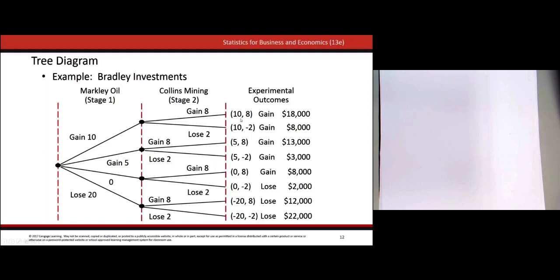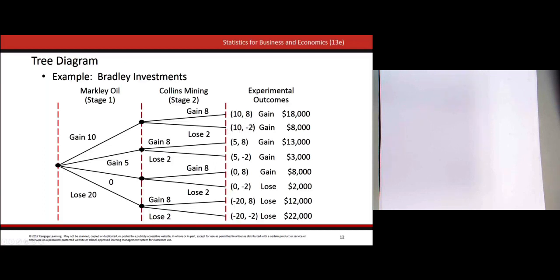What are those outcomes? 10, 8. What does this mean? You are gaining 10 from Mark Lloyd and gaining 8,000 from Collins Mining. So total gain from this investment, if this happens, is $18,000. Or you gain 10 from Mark Lloyd, lose 2 from Collins.